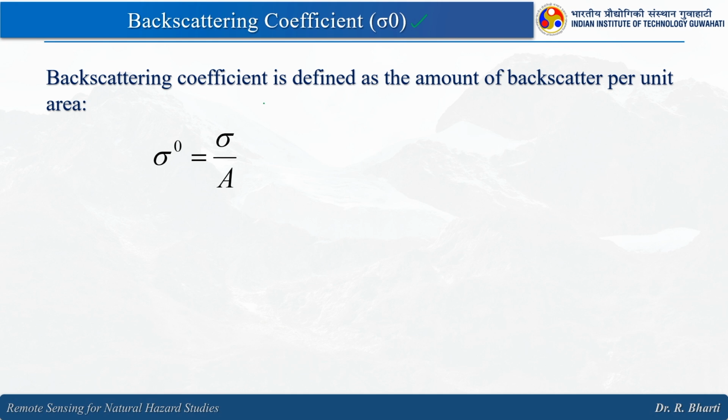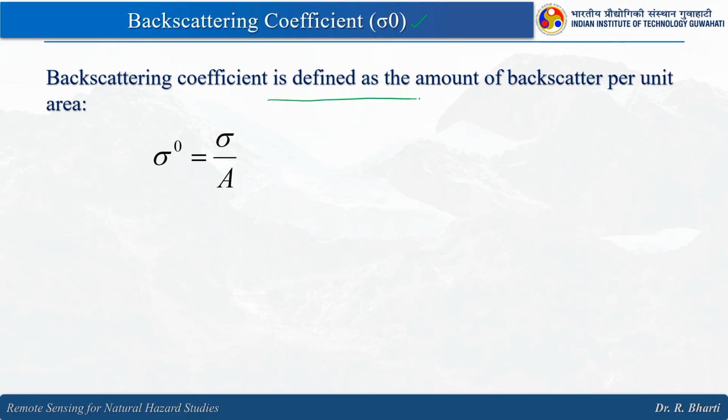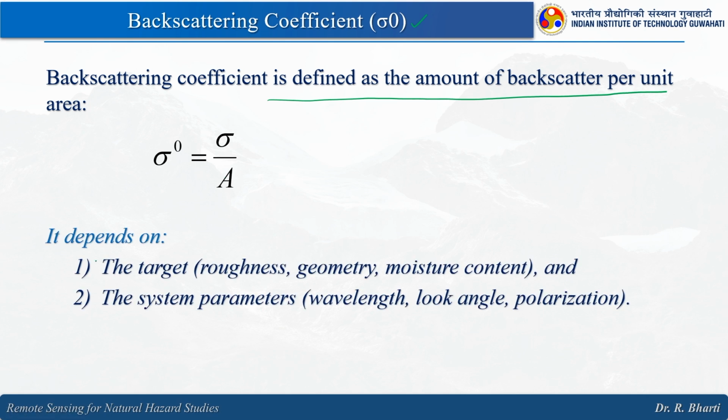Now, we will see what the backscattering coefficient is, which is very important in microwave remote sensing. The backscattering coefficient is defined as the amount of backscatter per unit area. We call it the sigma naught value. Sigma naught is equal to sigma by A, and it depends upon the target and the system parameters.